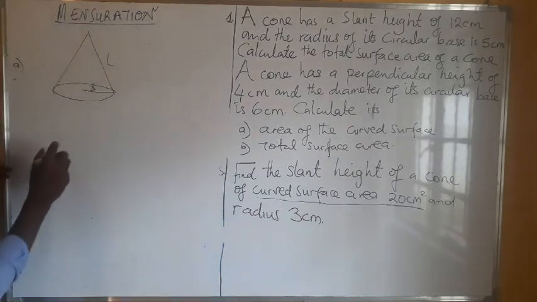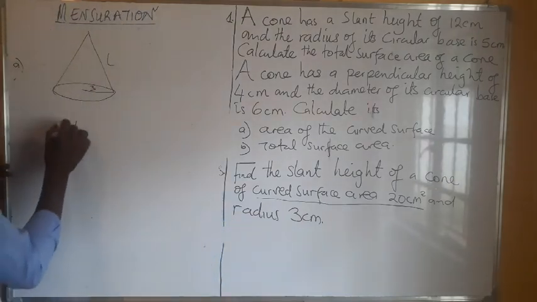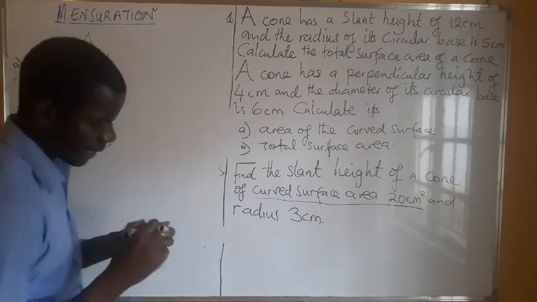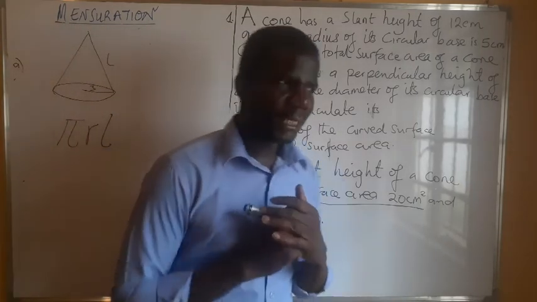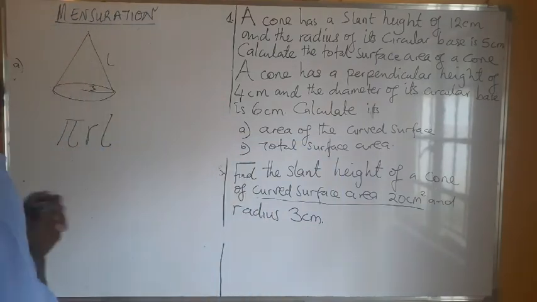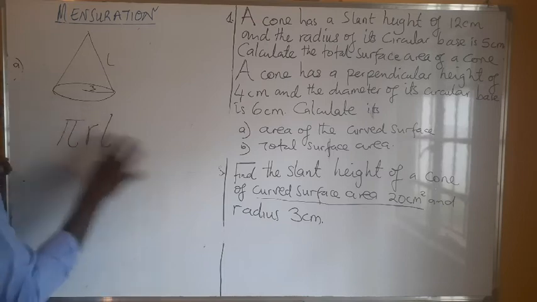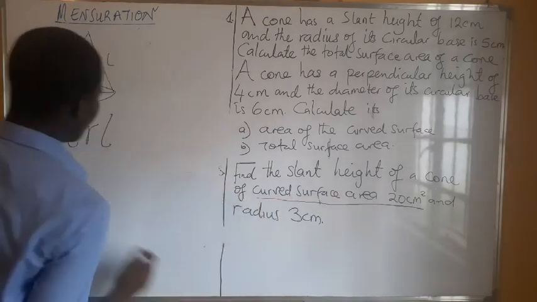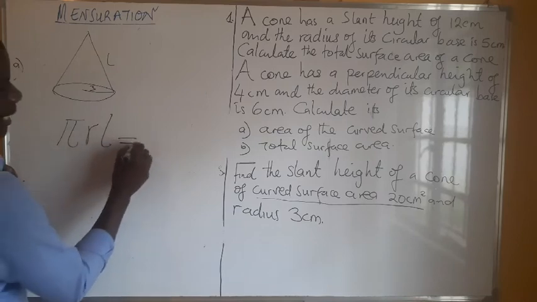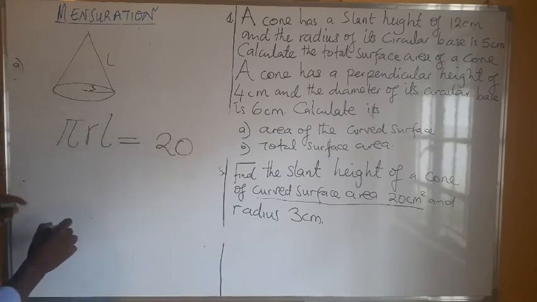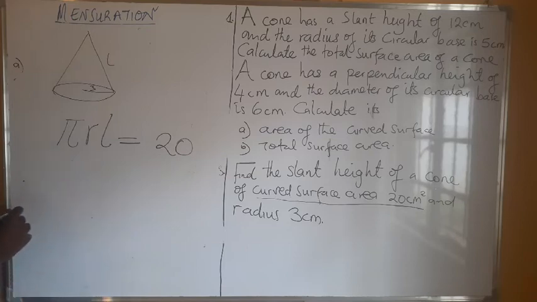Curved surface area, like I told you, is given by this formula. We have to make sure that we use just this part of the formula because we are talking about curved surface area. So this curved surface area is equal to 20. Are we together?